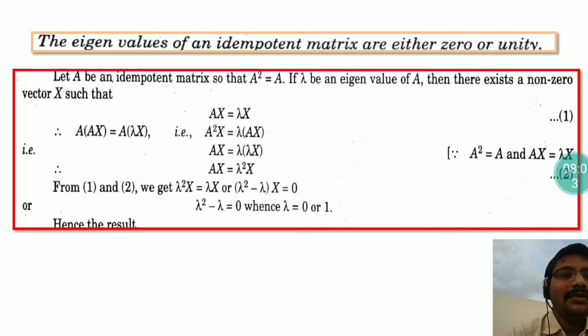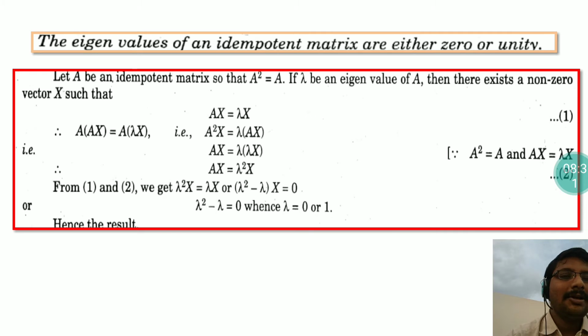So from equation 1 we have Ax equal to lambda x. From equation 2 we have A square x equal to lambda square x. Equating these two, we have lambda square x is equal to lambda x. Taking lambda x to the left hand side, it will be negative lambda x. Taking the common non-zero vector x, we have (lambda square minus lambda) x equal to 0.